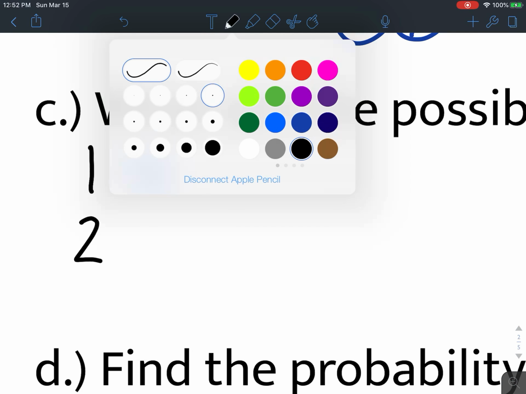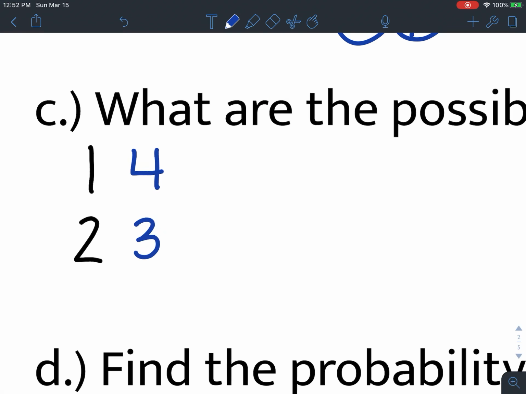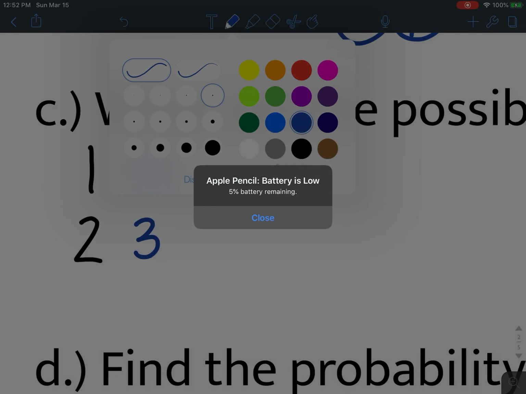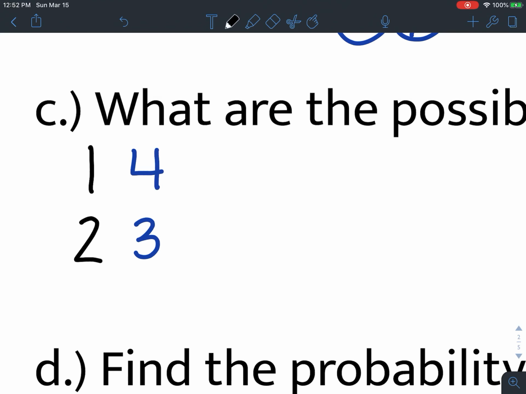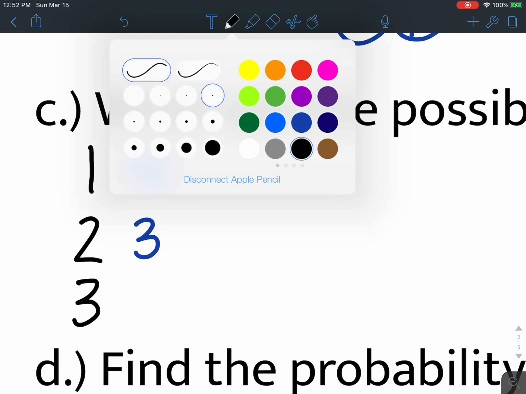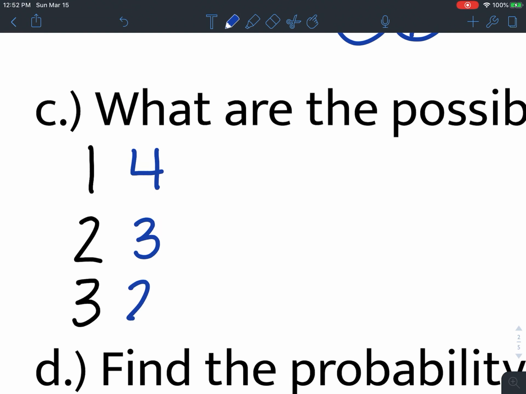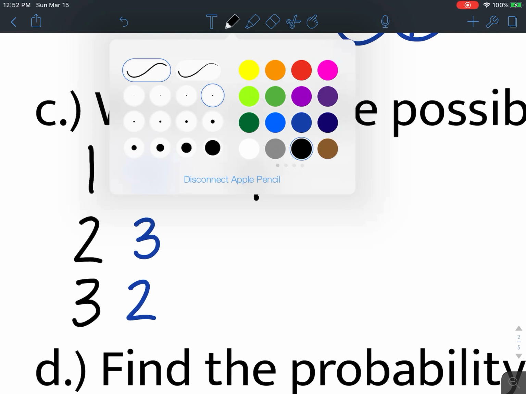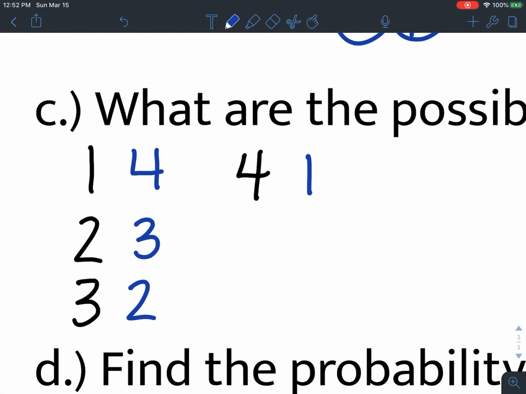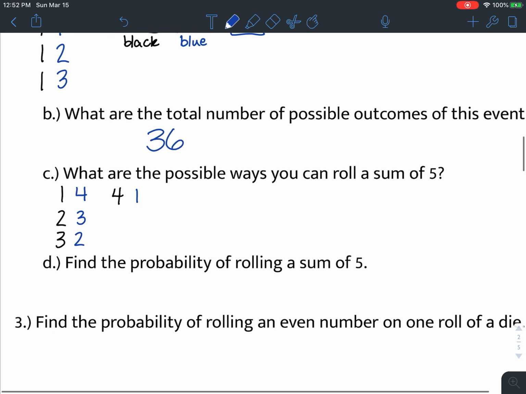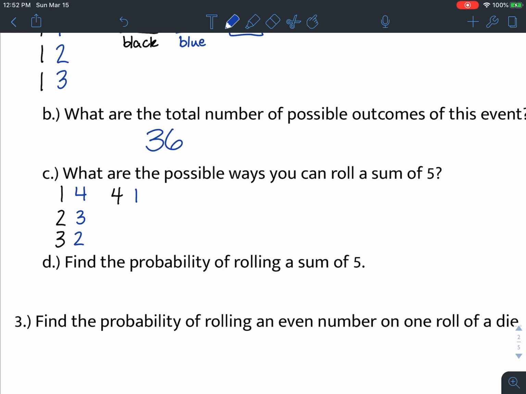I could roll a 2 on the black die and a 3 on the blue die, and that would give me a total of 5. 3 on the black die, 2 on the blue die, or 4 on the black die, and 1 on the blue die. I can't think of any other ways I can roll a sum of 5. So that's 1, 2, 3, 4 different ways.